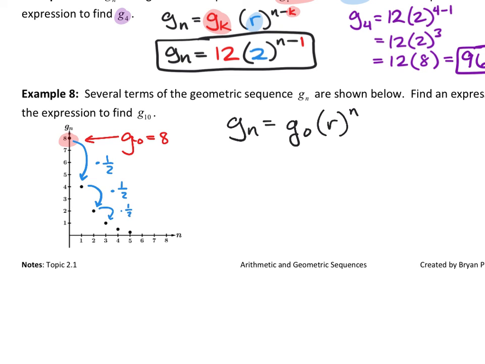I see a consistent pattern here, which means I know that my common ratio is 1/2. So we could write this equation as G sub n equal to 8 times 1/2 raised to the n power. It's actually the exact pattern we had in the table up above.